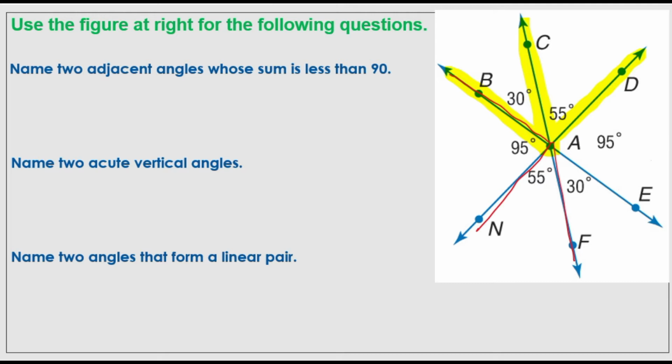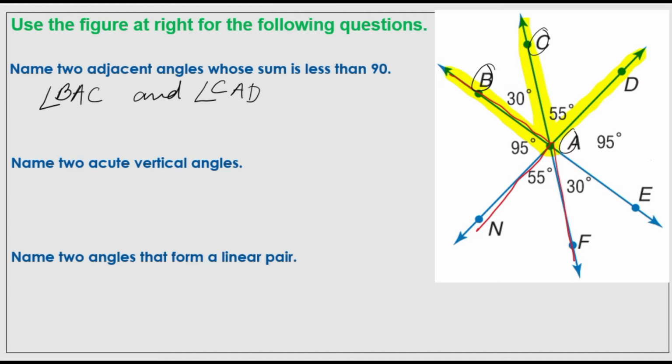For this type of question, you just have to name them, using three letters for each angle. The first angle is BAC, and the second angle that is adjacent to this is CAD.